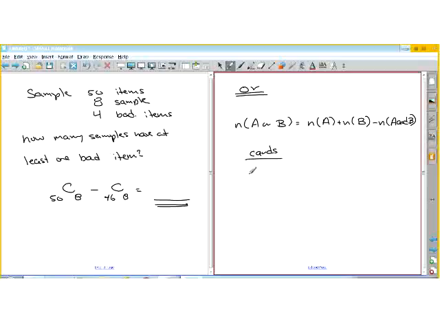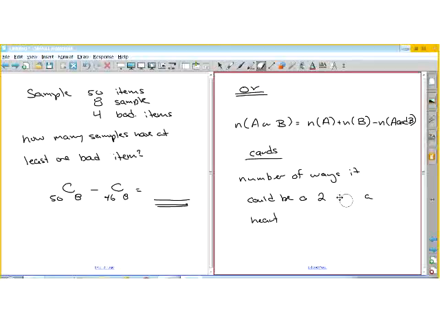Out of 52 cards, the question is the number of ways it could be a 2 or a heart.